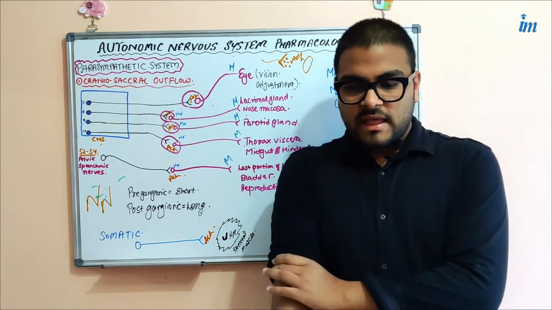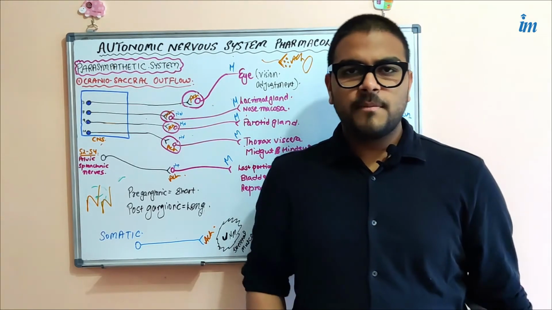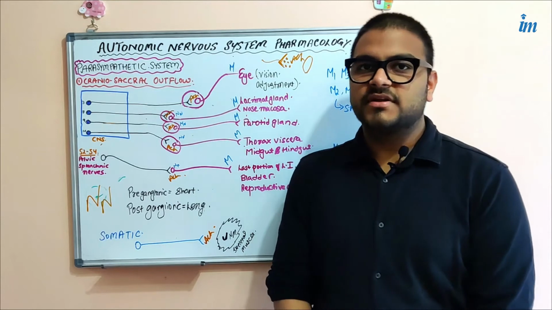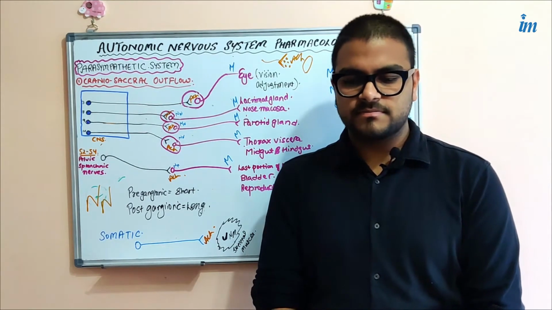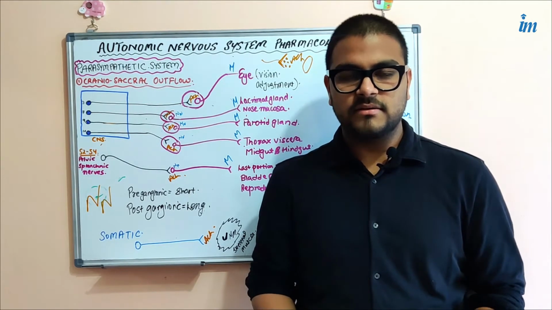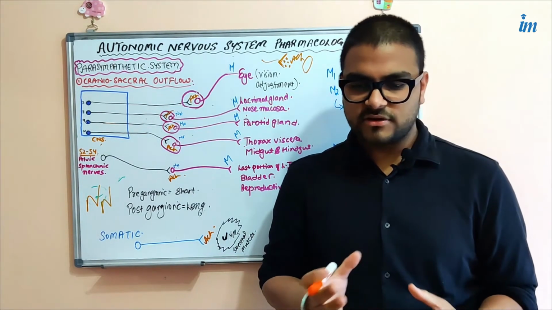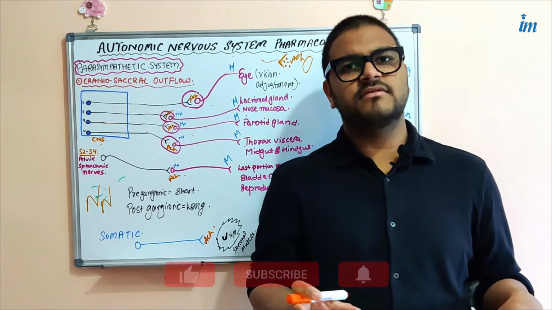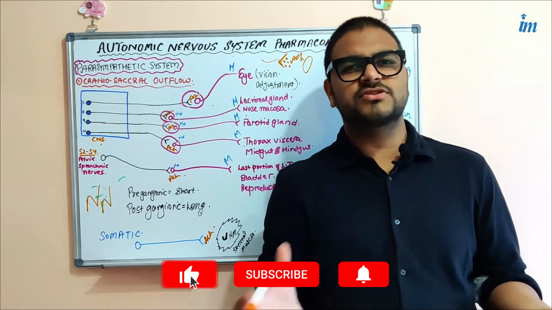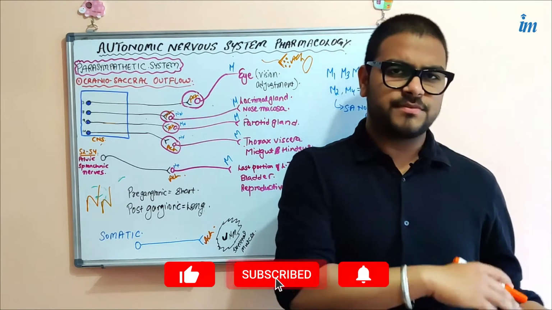Okay, and what about the penis? The erection of the penis is mediated by the parasympathetic system. The metabolism, for example the liver and the adipocytes, do not have parasympathetic muscarinic receptors. They have sympathetic receptors.